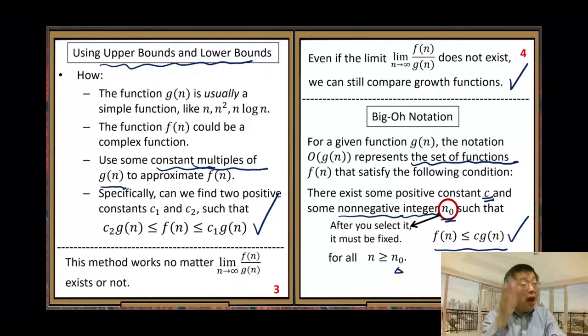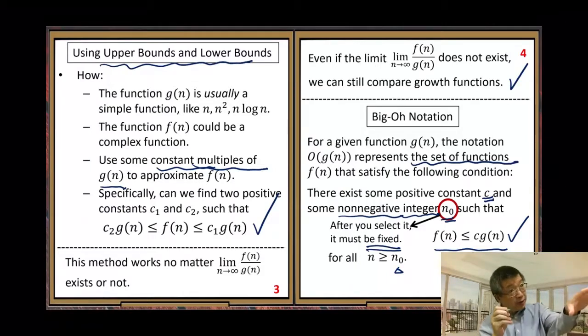You have freedom to choose n0. A big number, a small number, you can choose; a lot of freedom. But there is a condition. After you select it, you have to fix it. That means after you select n0, you cannot change it.